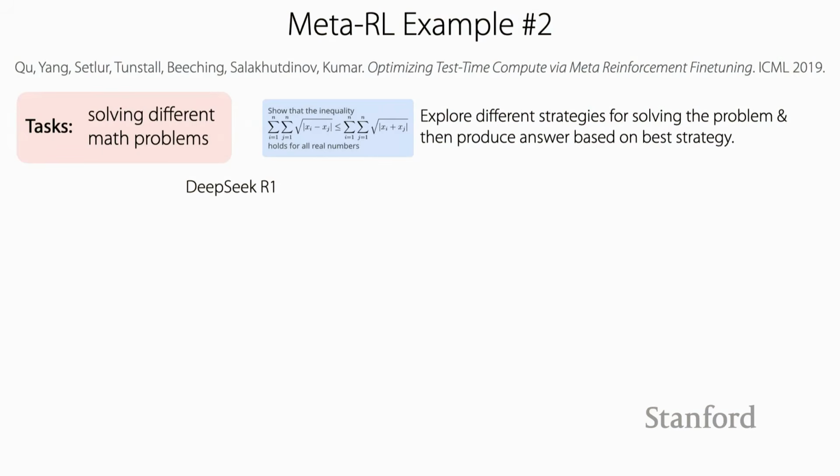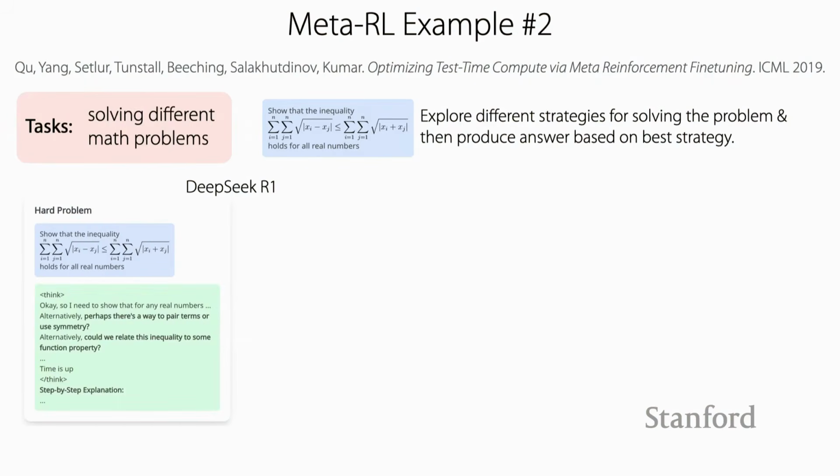DeepSeek R1 is a language model that uses test time compute to solve math problems. If you give R1 a hard problem, it thinks for a while. At some point, it cuts off its test time compute because it doesn't want to be thinking for too long for the user, and then it outputs some explanation.